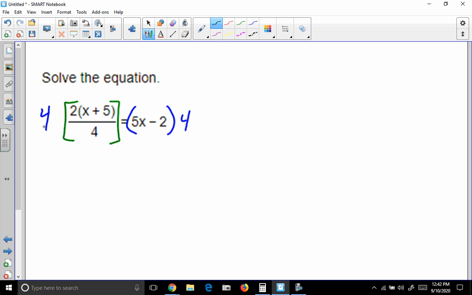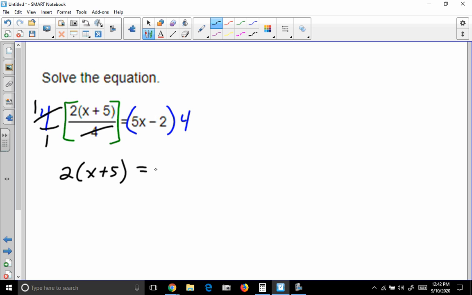Now, again, I like to put that 4 over 1, to remind myself this 4 is on top. So the 4 over 4 makes 1. So on the left side, we're left with 1 times 2 times the parentheses.